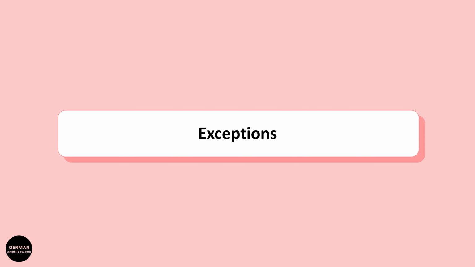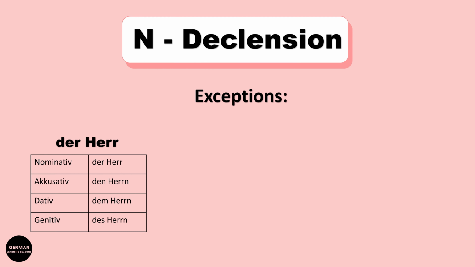So now we take a look at 3 important exceptions before we start with our exercise. So one exception is der Herr, which means the man, the lord or the gentleman. The nominative is der Herr, accusative is den Herrn, dative is dem Herrn and genitive is des Herrn.